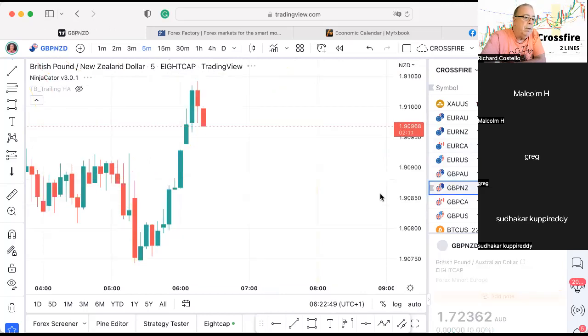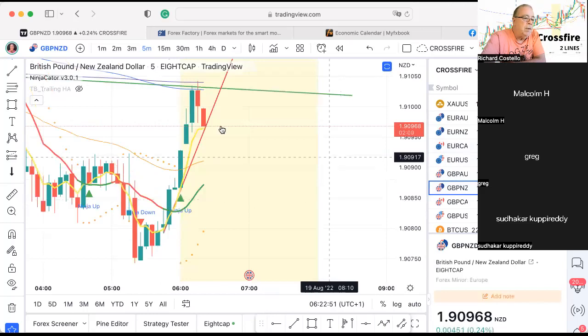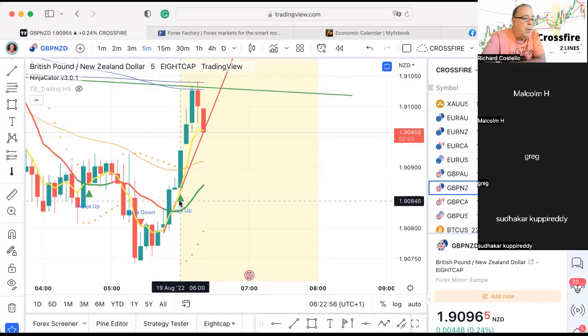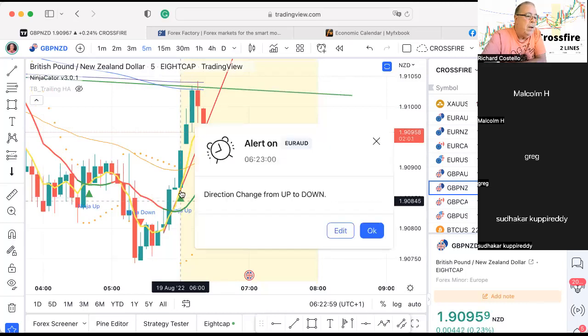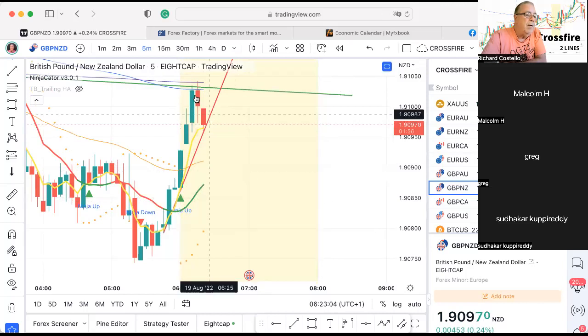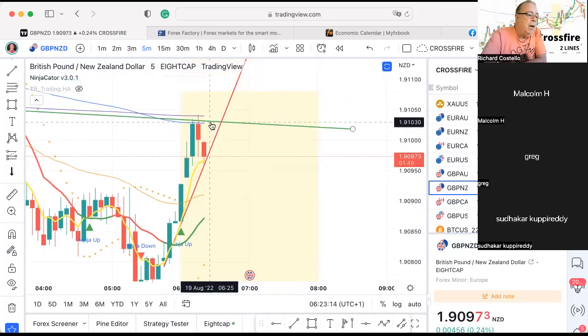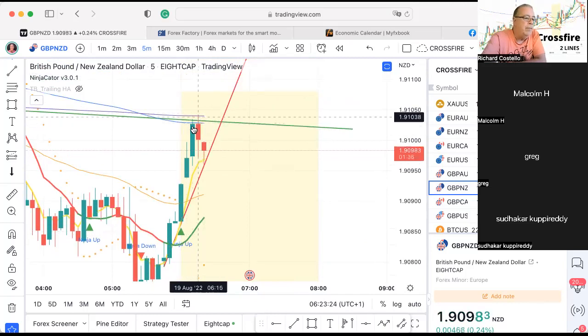GBP NZD, similar situation. Price, we got a ninja up on the 6 o'clock candle. It headed north, and it got as far as there. There's actually 3 reasons for price to move down at that point, because we've got our green line, which we've just put in place, but there's also the 200 and the 800 moving average, and all of that is providing quite a bit of resistance.